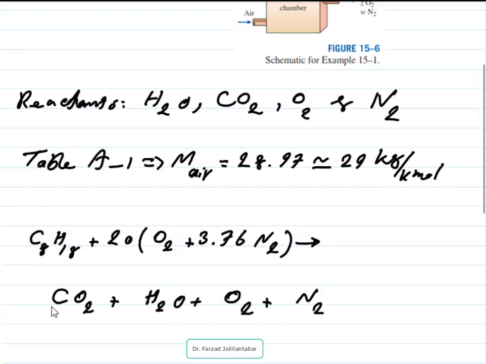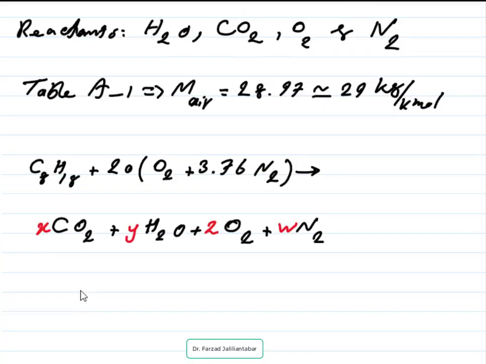But we don't know their amounts, so we are going to find the values for these products. We just write it like this.